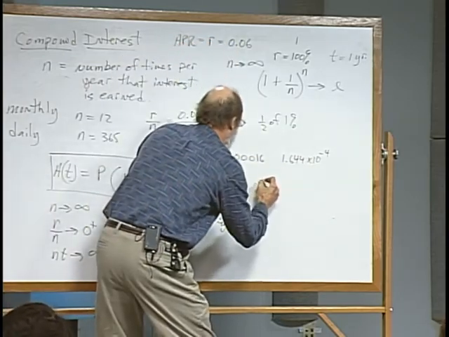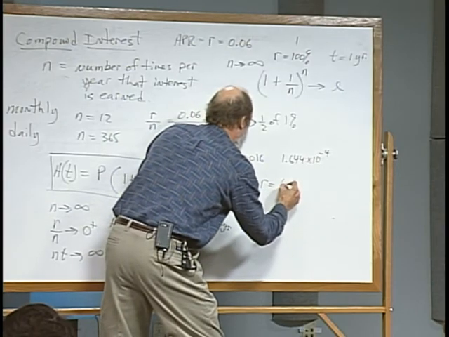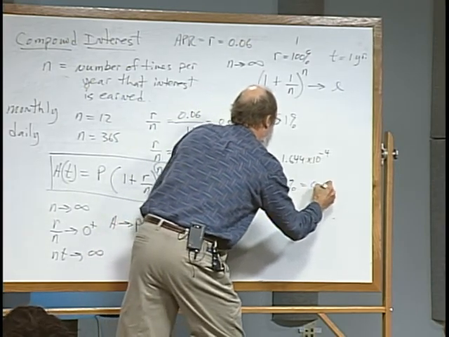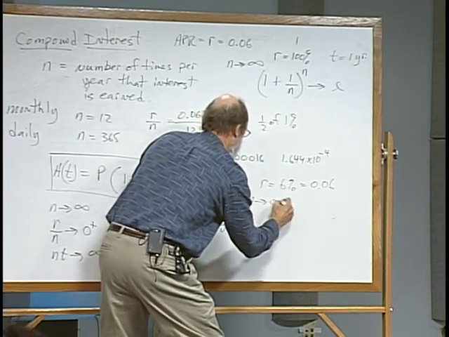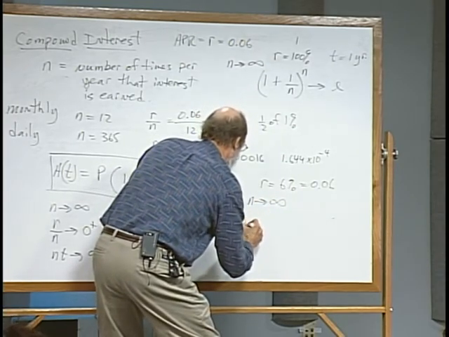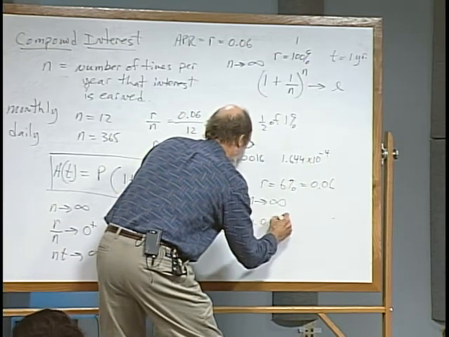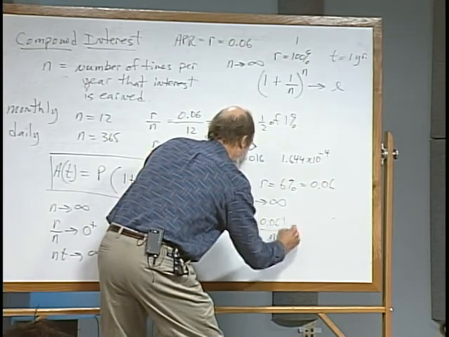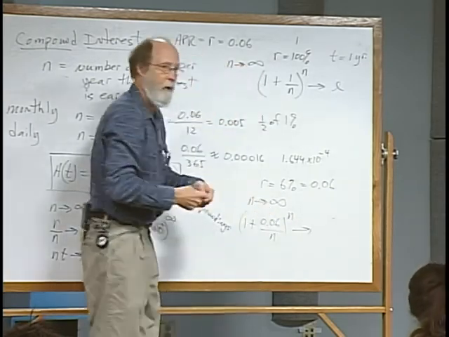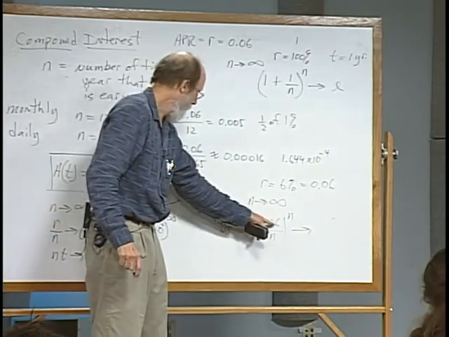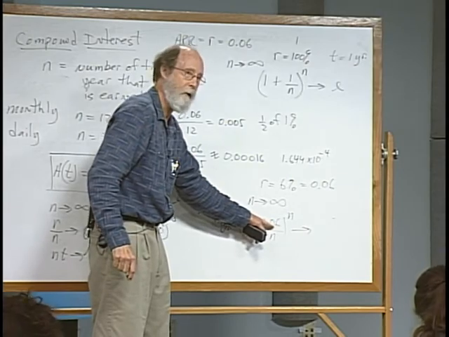If I let R equal 6% or 0.06, then as we let n approach infinity, we're going to be looking at 1 plus 0.06 over n raised to the n power and see where that goes. And that's a real simple change in what we just put into the calculator.